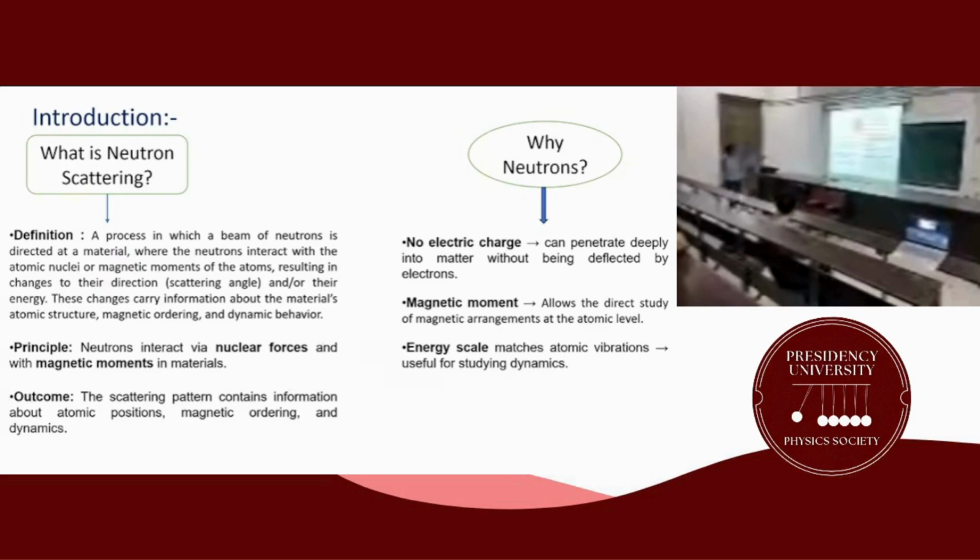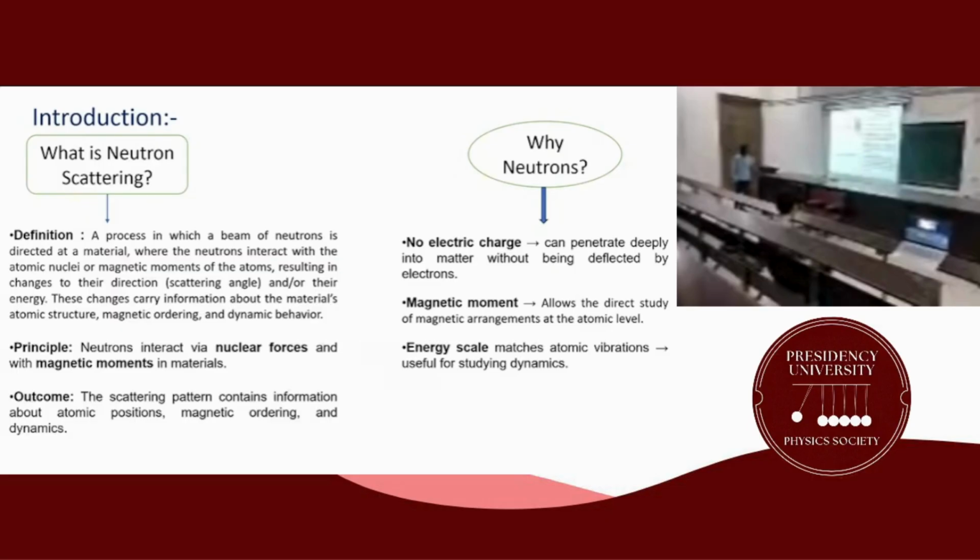You can clearly see the neutron beam passing through a polarizer, then focusing and hitting the center. With some angle it gets reflected and the detector detects it. If there is no sample, we observe the pattern here only.